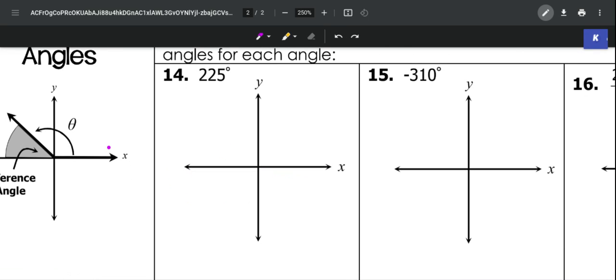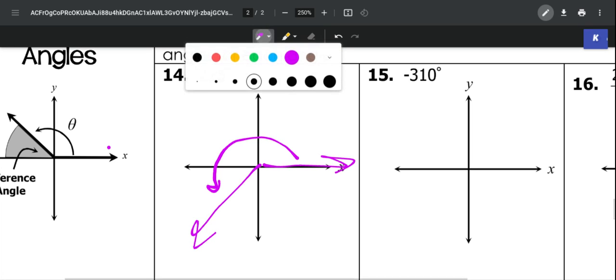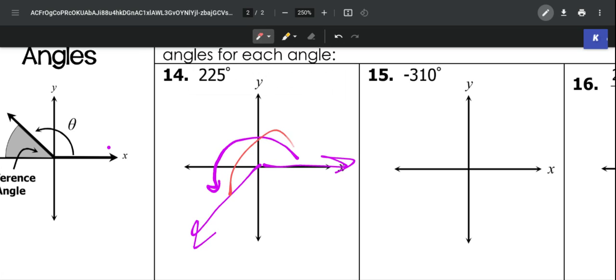So it's positive, so it's going to open up counterclockwise, and it would end up being about right there. So that's what our angle would look like. Now, we don't care about this full angle. We care about the angle that is formed from the x-axis, which is here, and this terminal side. So we care about this shaded part there. We want to know what that is.